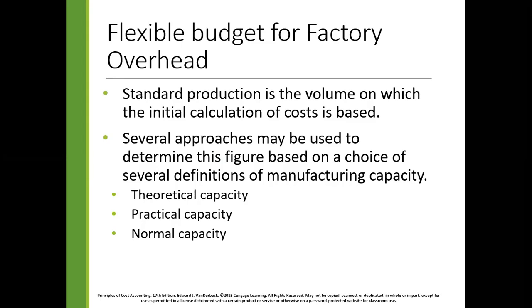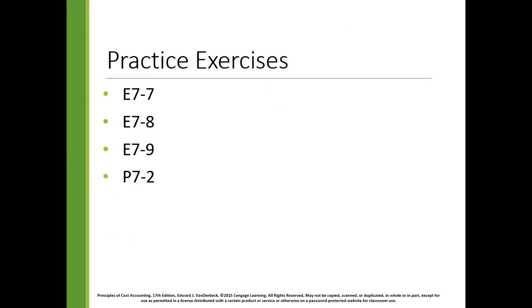And again, normal capacity is the standard level of production that will meet the normal requirements of ordinary sales demand over a period of years. So a couple different ways that we can look at that when we're calculating these.